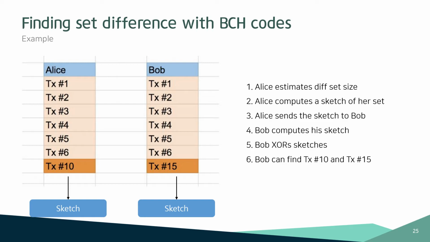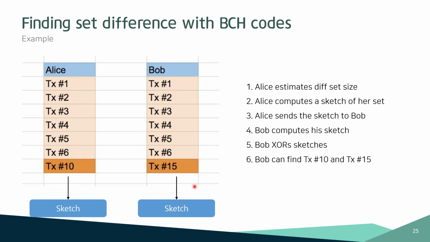First, Alice estimates the difference set size. In this situation, Alice's set will have 2 differences. So Alice computes a sketch from her list and sends the sketch to Bob.